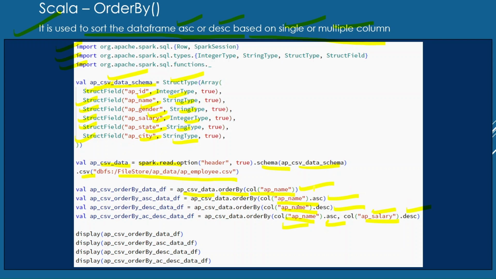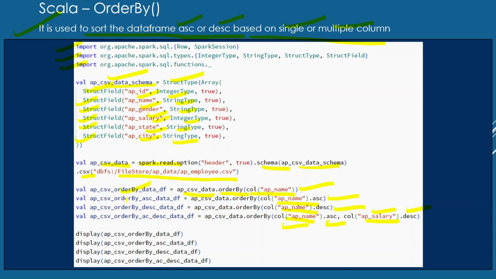If we are ordering a string data type column in ascending order, it will first take A and then Z. If we sort the same string column in descending order, it will sort from Z to A. And if it is an integer type sorted in ascending order, it will sort from the lowest to highest. In descending order, it will sort from highest to lowest.